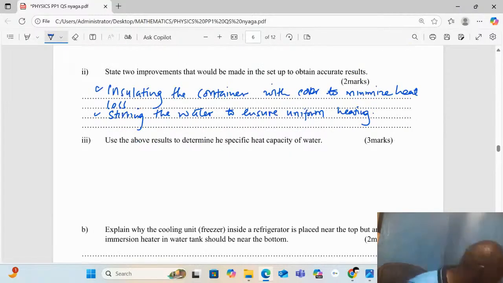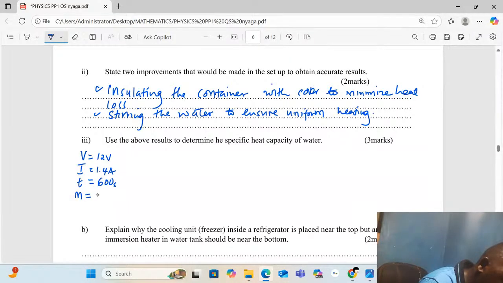The first thing is to analyze the question. We have a time of 600 seconds, a mass of 0.4 kg, and a change in temperature of 6.